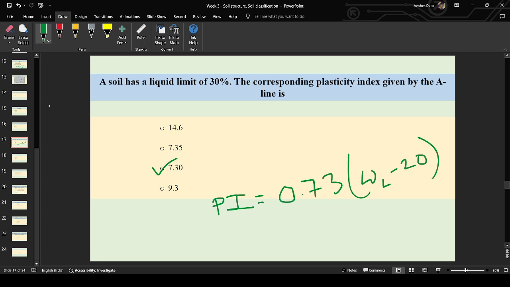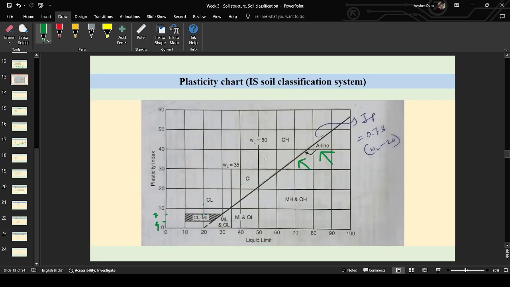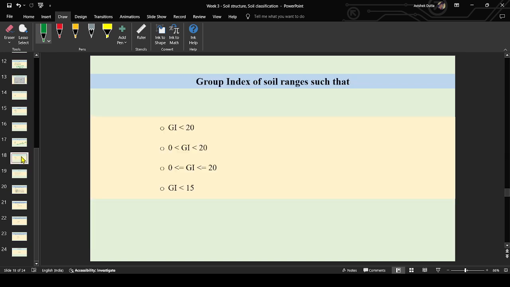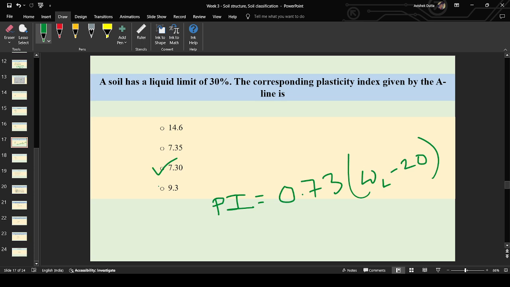Yes, IP along the A line is 0.73 into WL minus 20. It is just y equals mx plus c, a straight line equation. I believe if you use the formula, everyone will get the same answer. So the answer is 7.3.